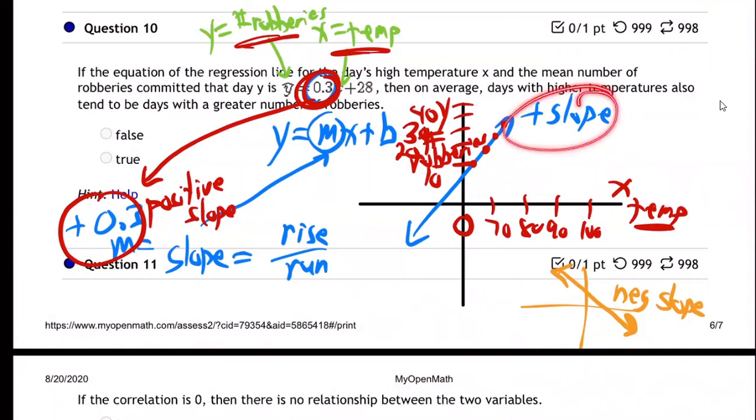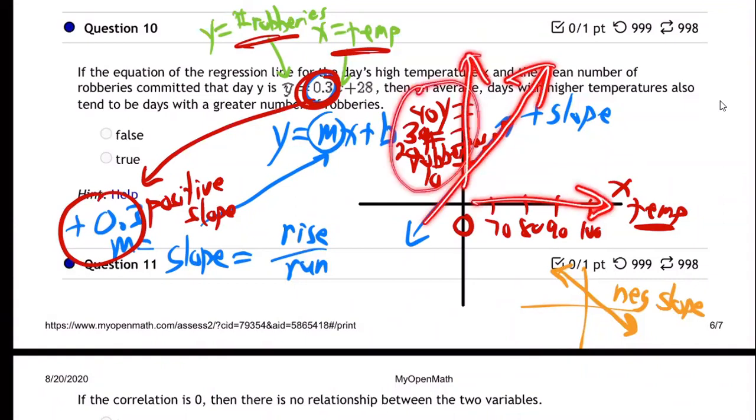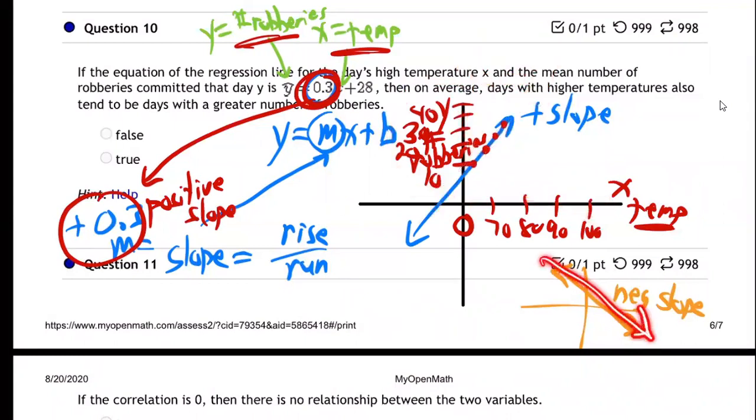What does positive slope mean? It means it goes up to the right, meaning as you go to the right, temperatures go higher, the graph goes up, number of robberies go higher. That's what a positive slope means. Whereas a negative slope, that's not what we have.